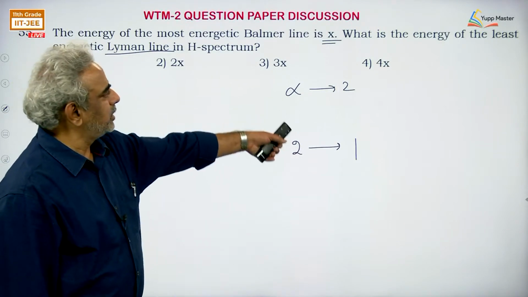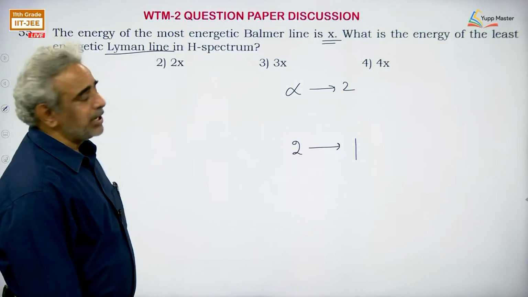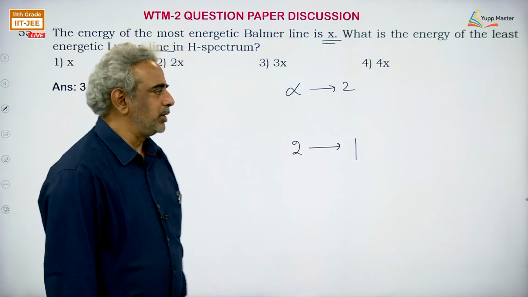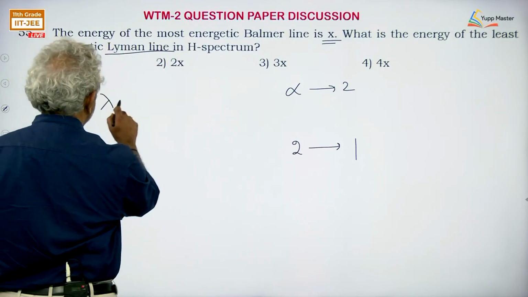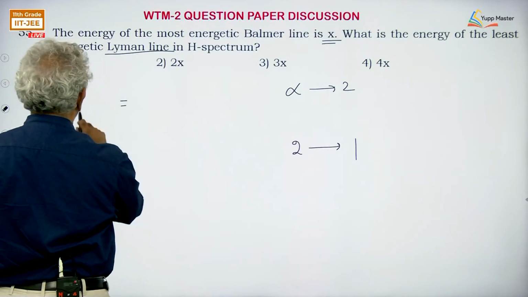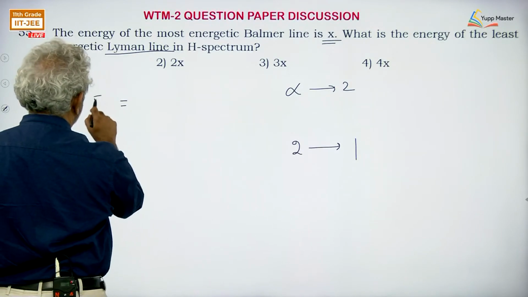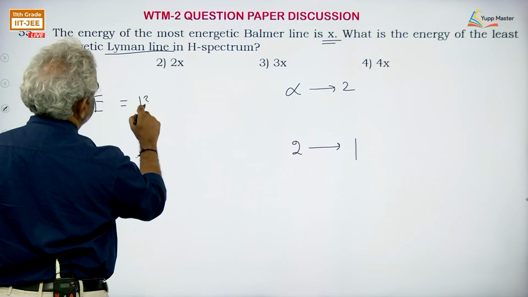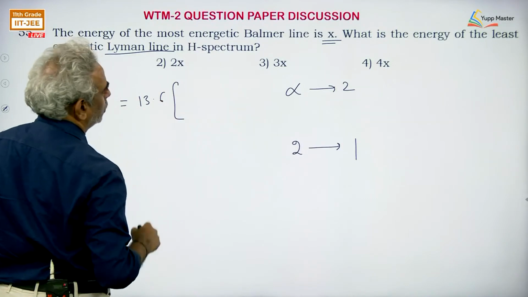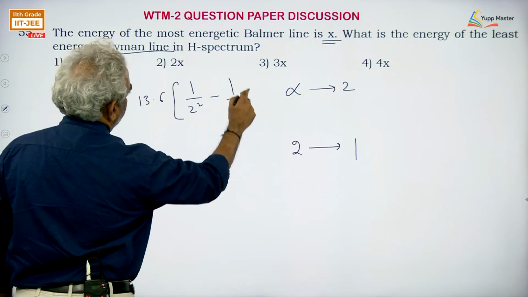And he is asking the ratio of the energy. So how to calculate energy? The energy of the transition is 13.6 into, both are in the hydrogen atom, 1 by 2 square minus 1 by infinity square.